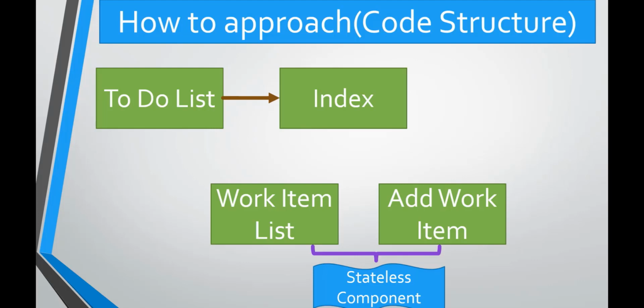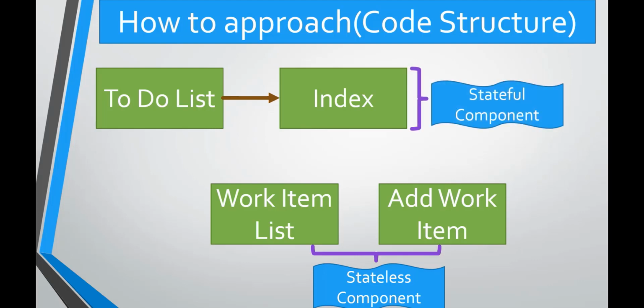Both of these files will be stateless components. I mean to say, I'm not gonna create any state inside them. Both of these will be functional components, and the index file will be a stateful component.